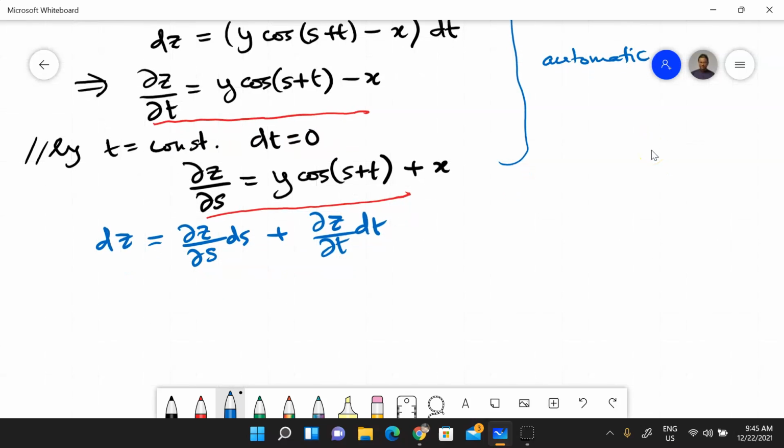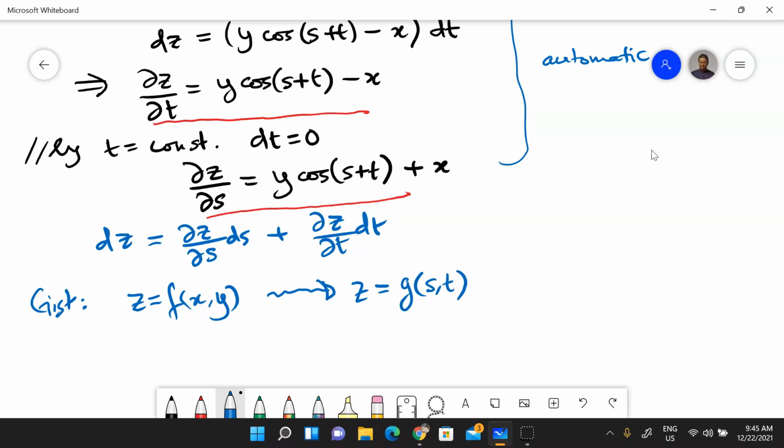So okay, maybe I should write that down. The gist here is, what have we done? We begin with z as a function f of x and y, and turn it into, well, we did not quite solve for z in this particular case, but you could, if you want to, turn this into a new function of s and t.